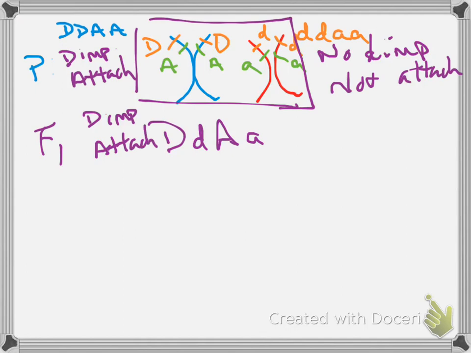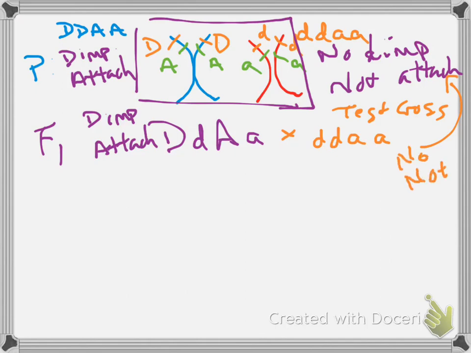Now what Morgan did, just to make things simple, was a test cross. A test cross is not where you do a dihybrid cross. You actually do a double recessive. So this parent is kind of like this parent: no dimples and not attached.